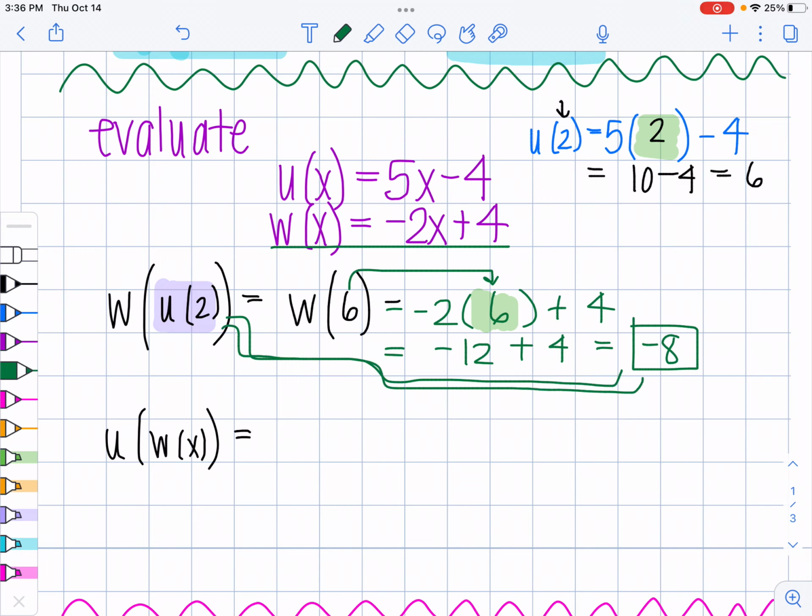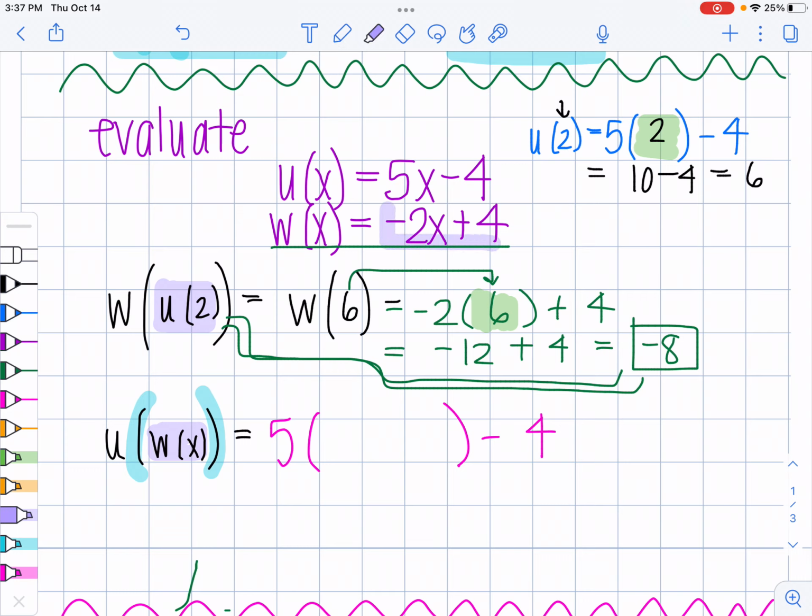-8. Okay, now I'm going to make this a little bit more difficult. Now we're going to take our function w and plug it in to my function u. So this is why we do the skeleton. I'm going to take my skeleton of u, the function that's on the outside. So my skeleton of u says 5 times x minus 4. But where I have an x, I'm now putting in this function w.